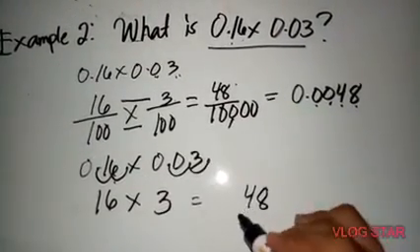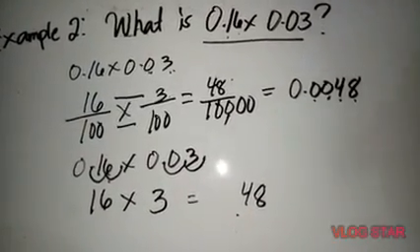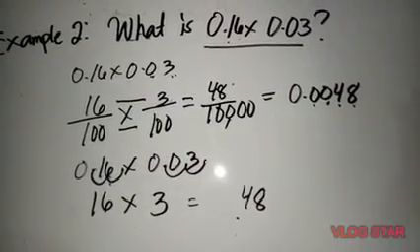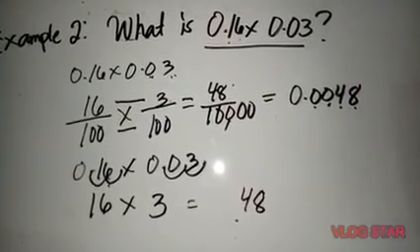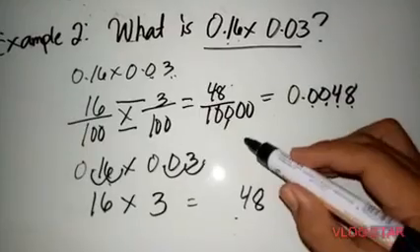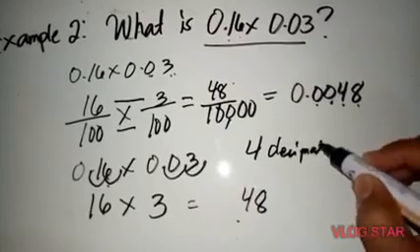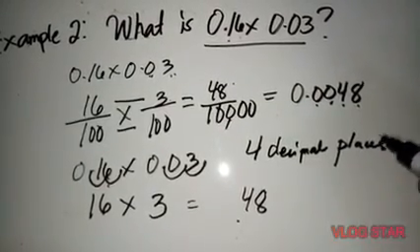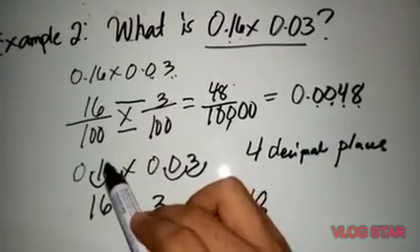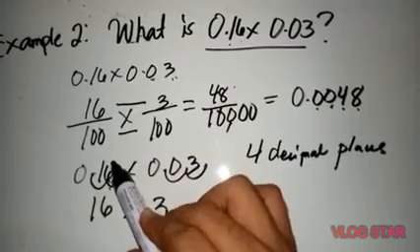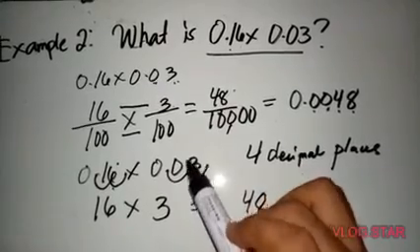So after getting the product of this whole number, this is the time to locate the decimal point in the product. Since we moved the decimal point 4 places. Why 4? 2 decimal places in 0.16 and 2 decimal places in 0.03.